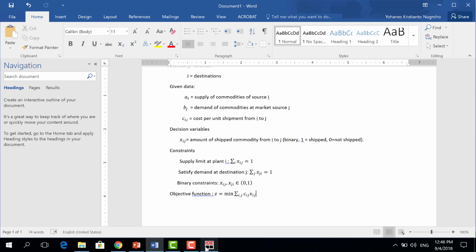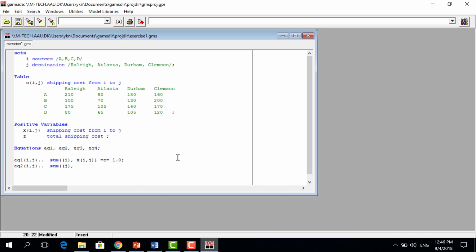So you sum over j, your destination, so that only one destination can receive from a certain source I. So here again x ij equal to 1.0.